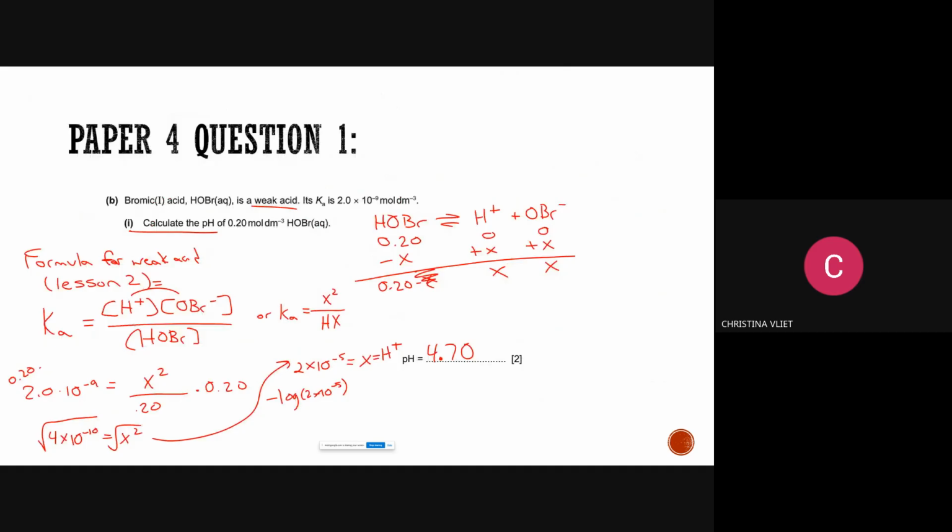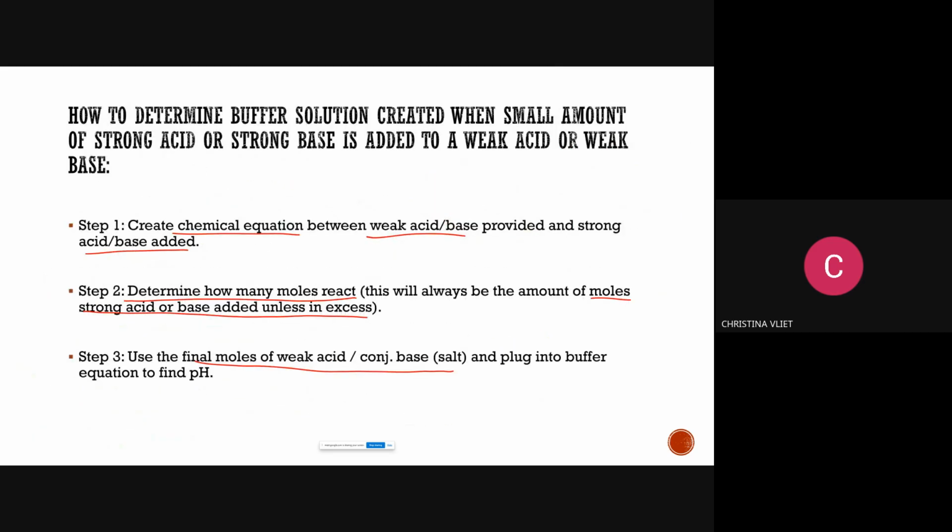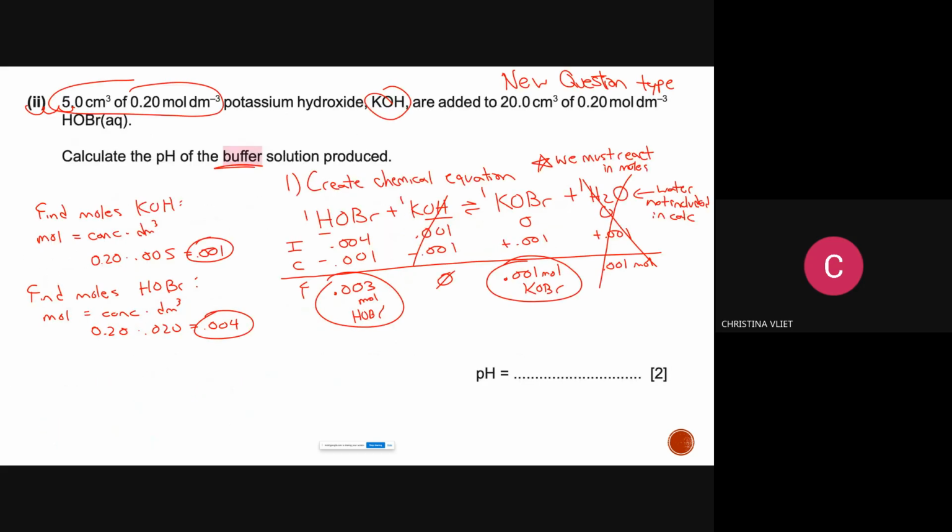We have the steps here. So what does it say we do next? Use the final moles of the weak acid and its conjugate base and plug into your chosen buffer equation. If you want to do pH equals pKa, you could do that. If you want to do H plus, you could do that. So this was step 1. This was step 2, right? And so what's step 3?